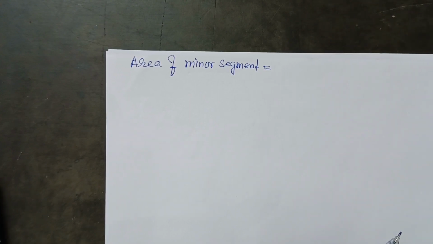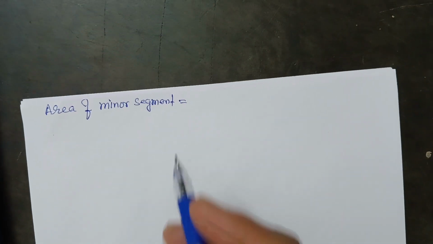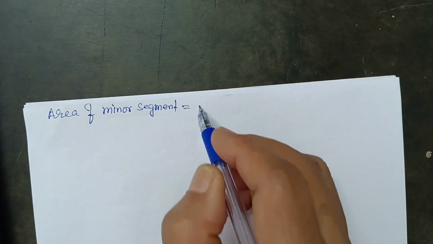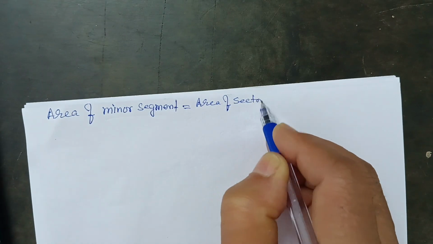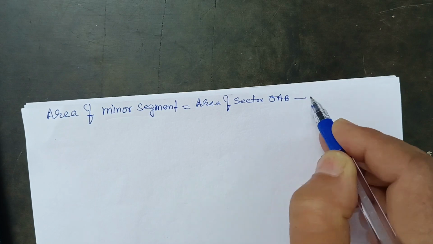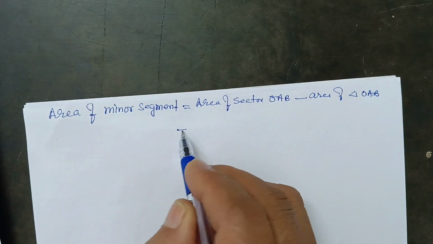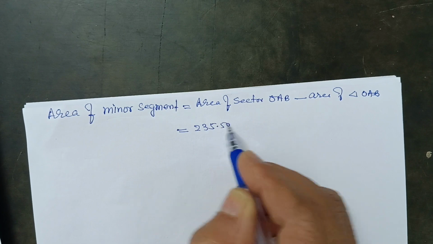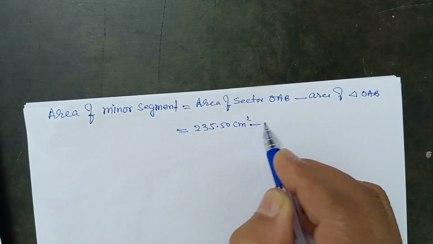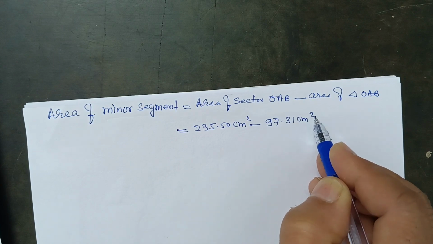Yes, students. After finding the area of the triangle, the area of the minor segment is area of sector OAB minus area of triangle OAB. The area of the sector we calculated earlier is 235.50 centimeter square. The area of the triangle is 97.31 centimeter square.